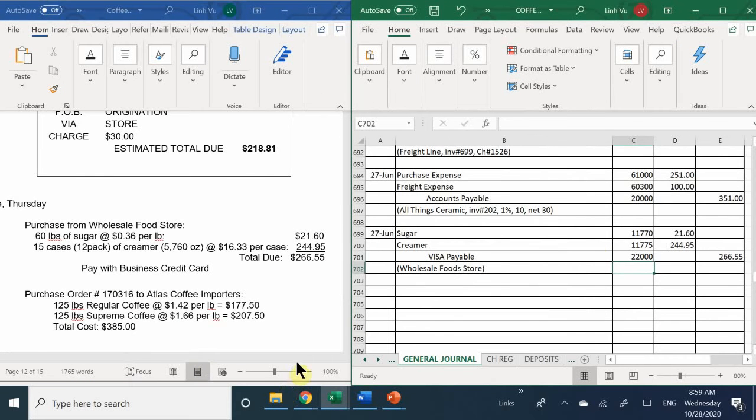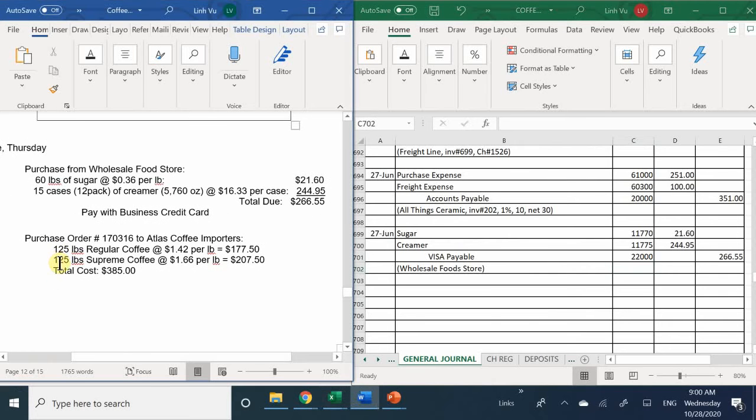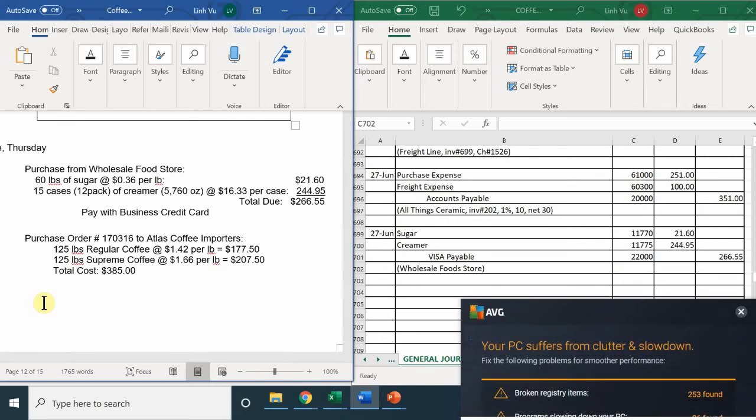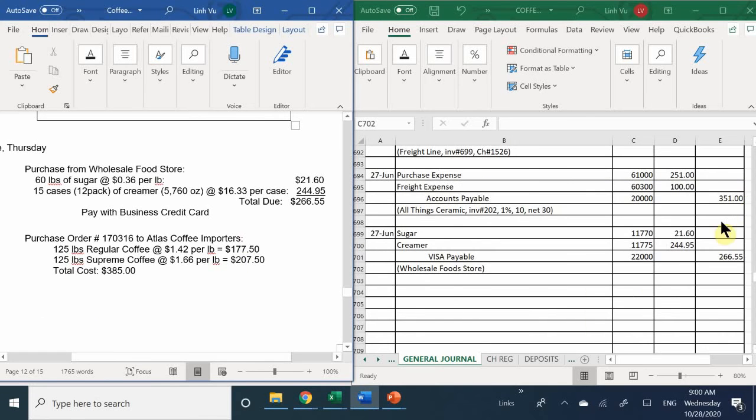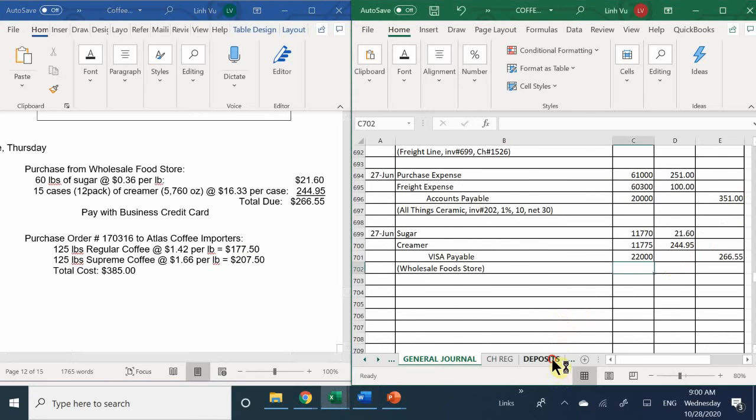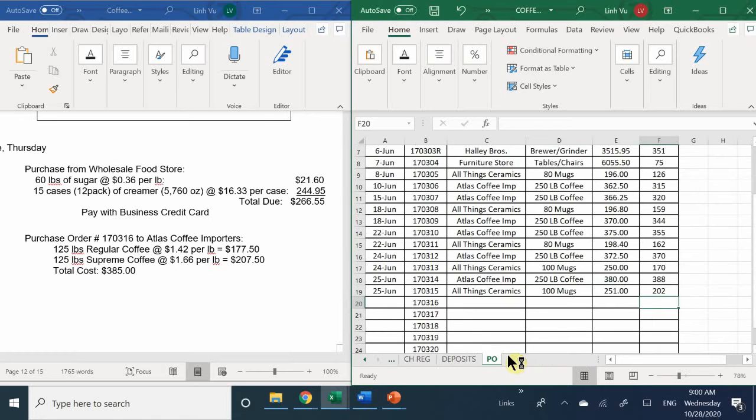So then, what has happened next? And we have the purchase order. Okay, what do we do with this? We're going to go to the purchase order list, ledger. Purchase orders.